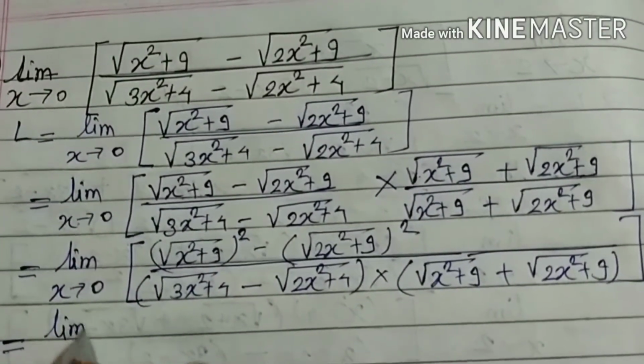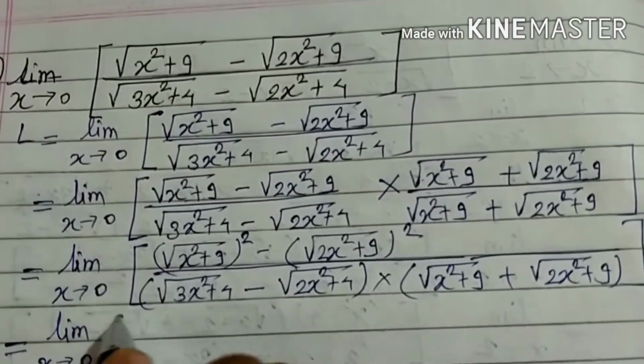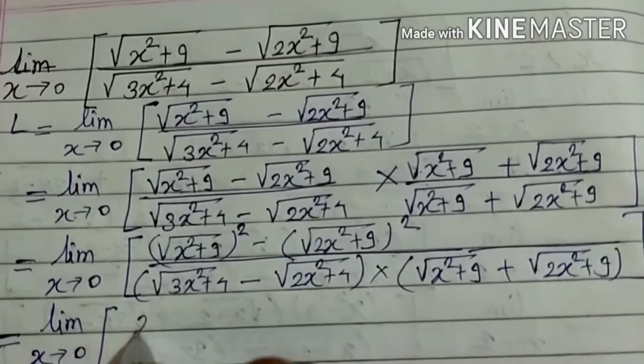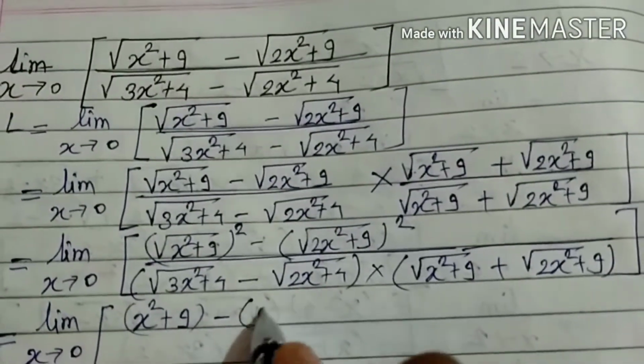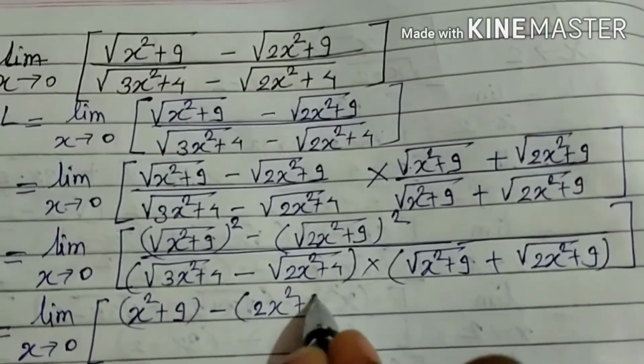So we get the terms limit x tends to 0, x square plus 9 minus 2x square plus 9.